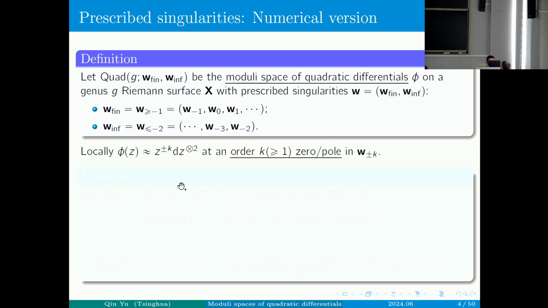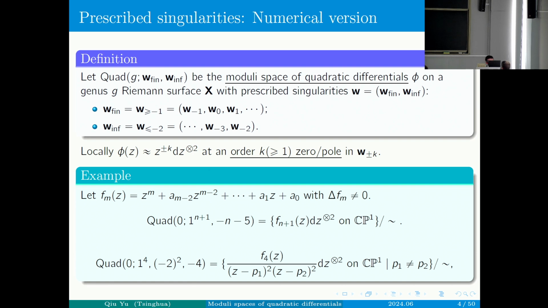Locally, you can just think of this quadratic differential as given by something like that. I mean, maybe there are higher terms. For example, in the genus 0 case, we can take a polynomial, say without double zero, then you can globally write down this quadratic differential on CP1, where it will consist of n plus 1 simple zeros, and at infinity you will have an order n plus 5 pole.